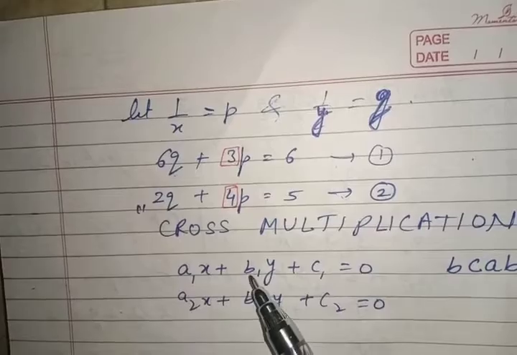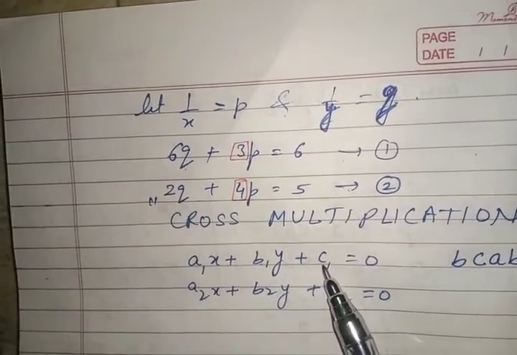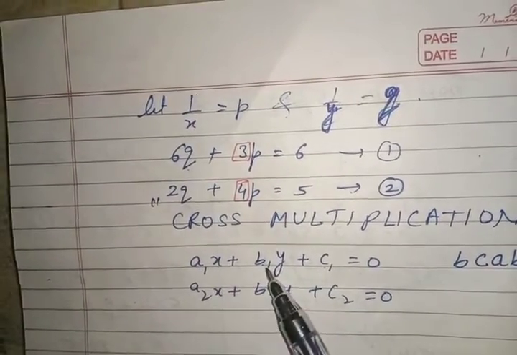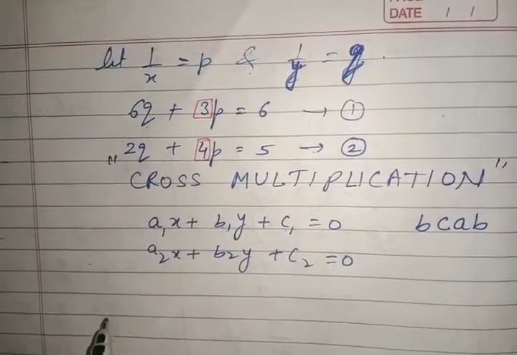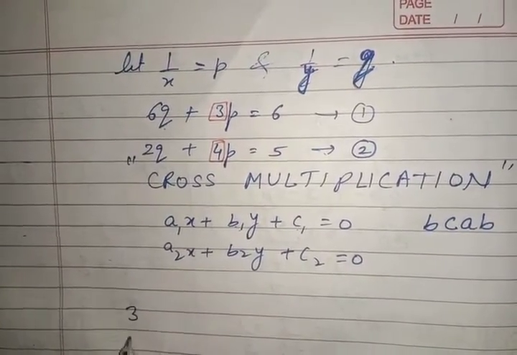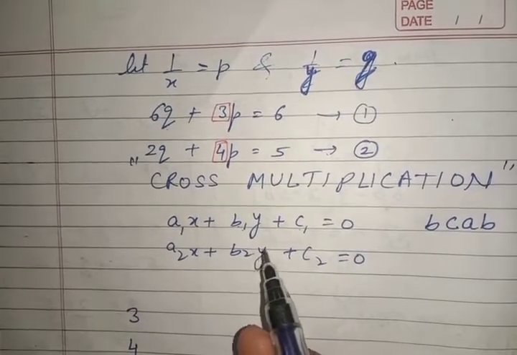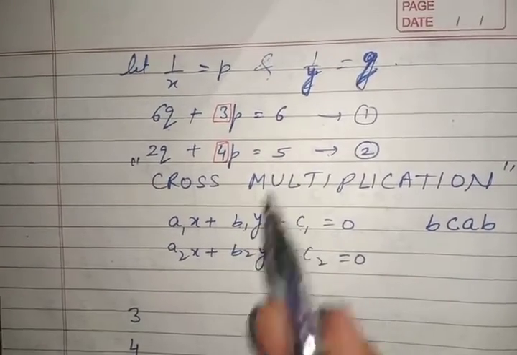This is b, then c, then a, then b again. So here I will use that formula. b is 3 and 4, then c is 6.